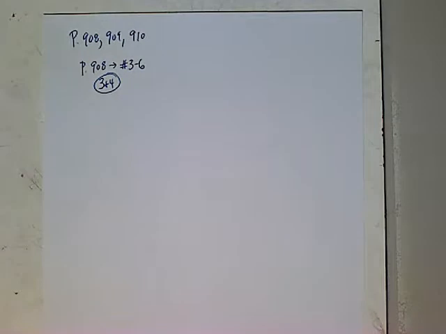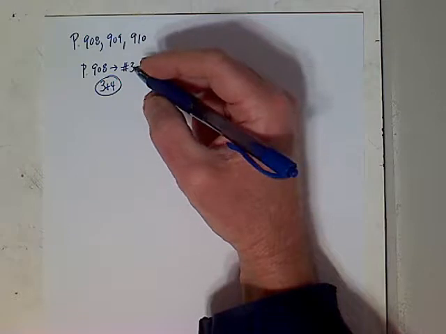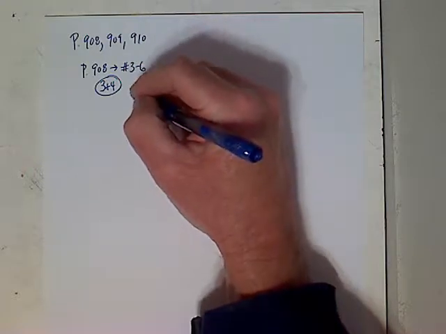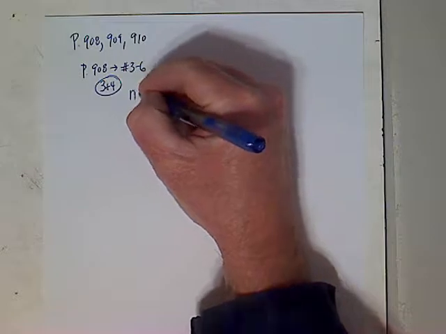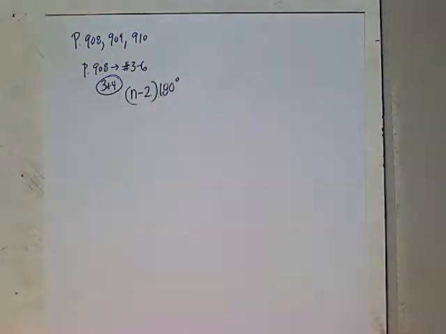You're going to be trying to find the sum of the interior angles of some polygon. So there's a formula for that. Do you remember the formula to find the sum of the angles of a polygon? I'll give you a second to think about it. I think you probably do. N minus 2 times 180 degrees.